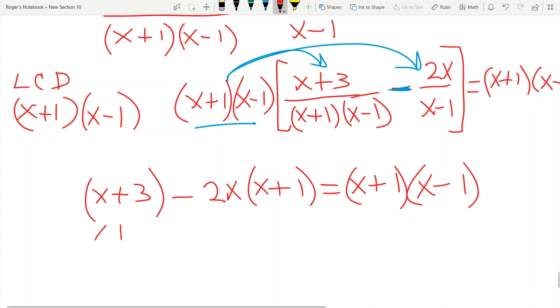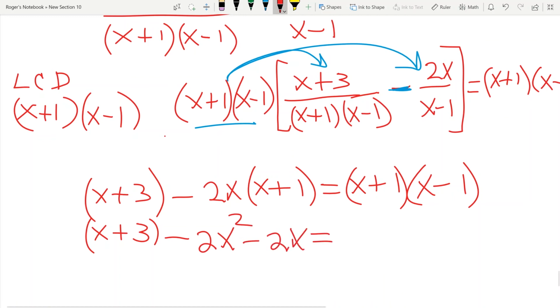So we have x plus 3 minus 2x squared minus 2x equals, multiplying the right, this is the difference of two squares, it's going to be x squared minus 1. x squared minus x plus x minus 1. Should I multiply that out? Probably I should, in case somebody's a little confused.